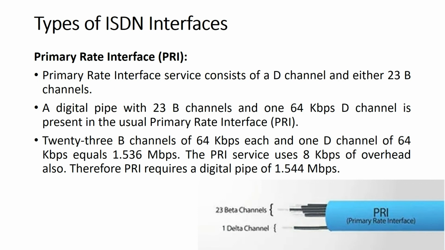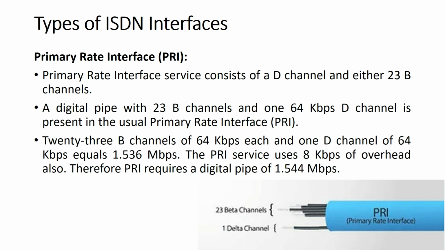The second type of service is primary rate interface, PRI. PRI has 23 B channels, voice bearer channels, and a 64 kbps D channel. It also has a separate data channel, but the width of the data channel is 64 kilobits. The B channels also have the same 64 kbps.